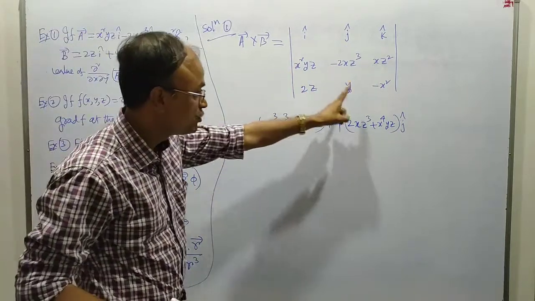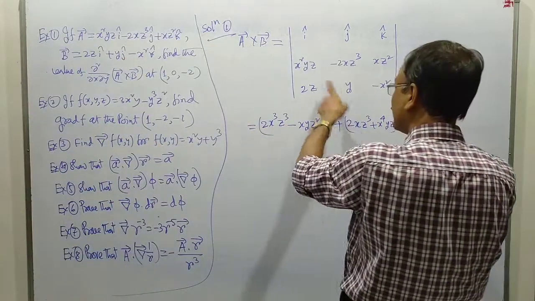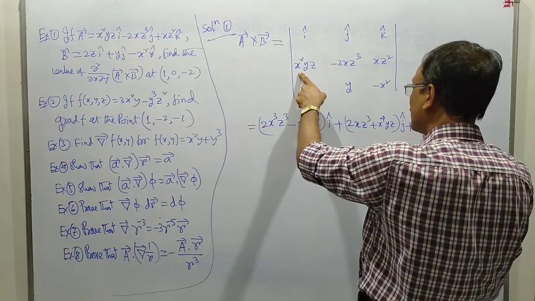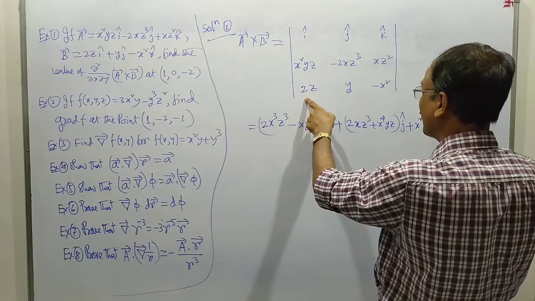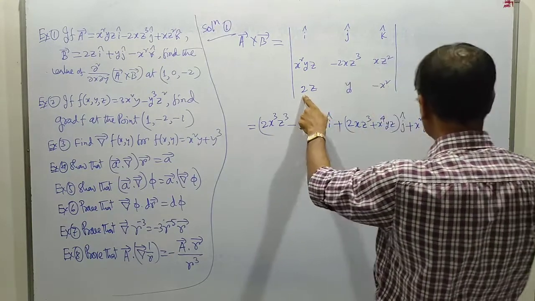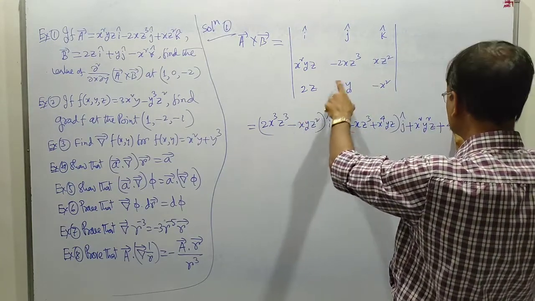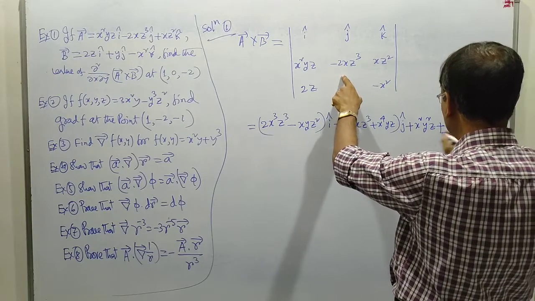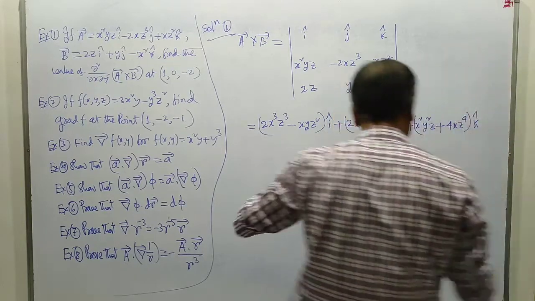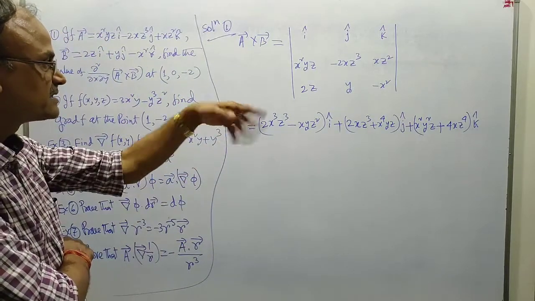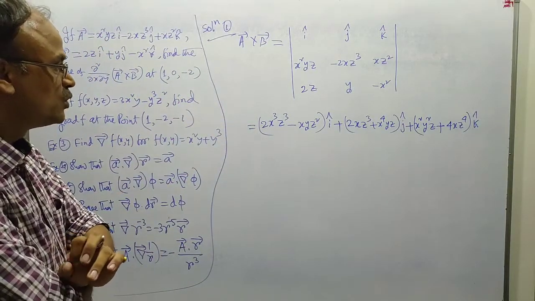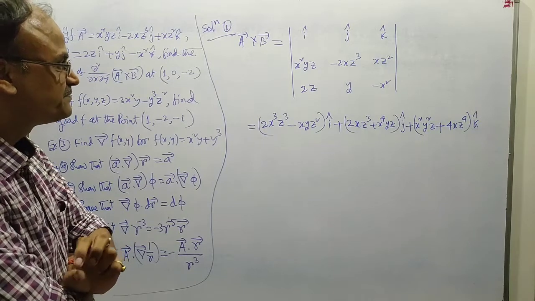Plus k cap, this into this, x square y square z, minus this into this, it will be plus twice x to the power 4 x z to the power 4, k cap. We have done no mistake, I think.